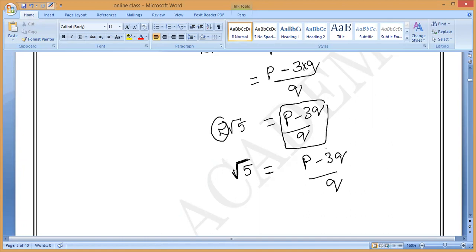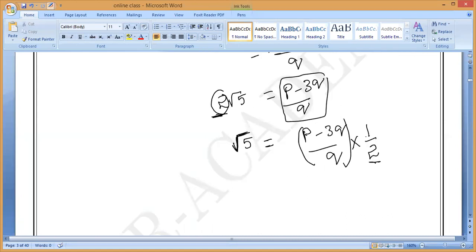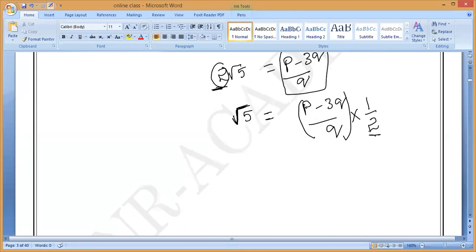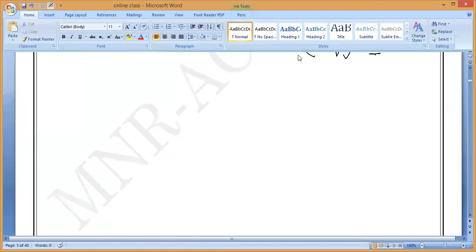It will become division, into 1 by 2. Do you understand this step? Into 2 comes to this side and it will divide, correct? Okay, ma'am.